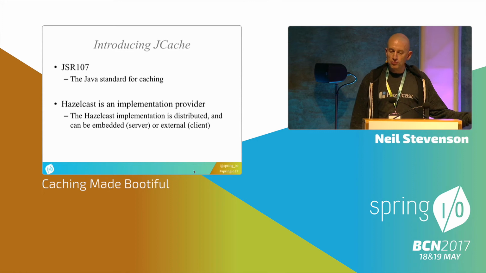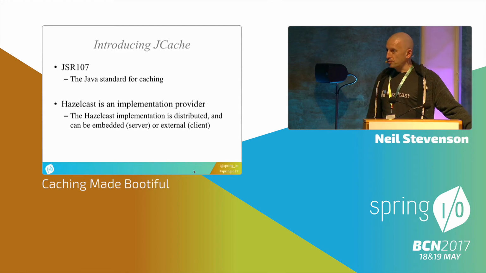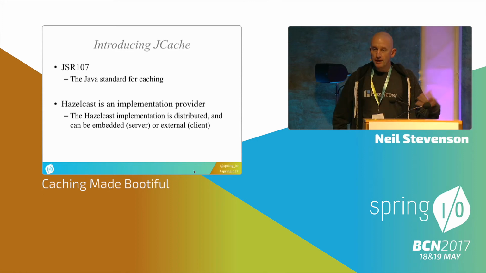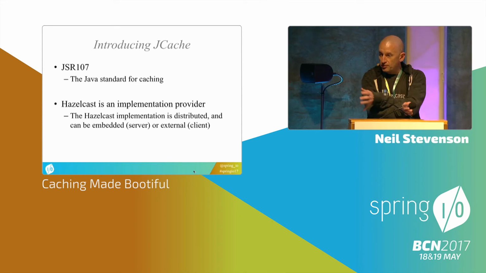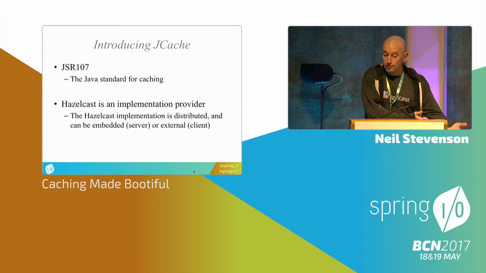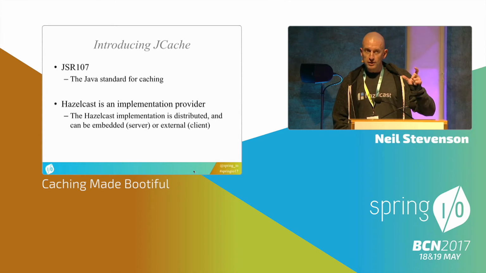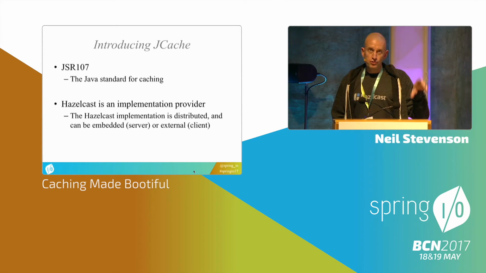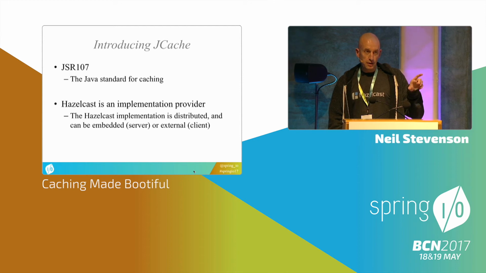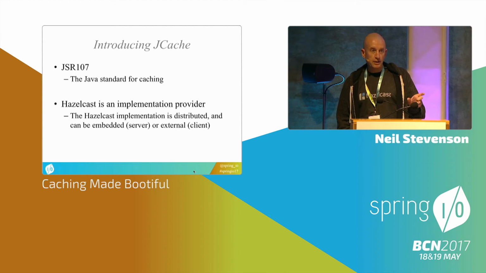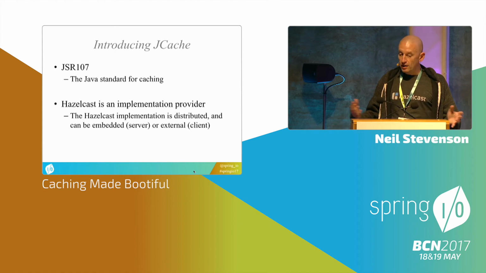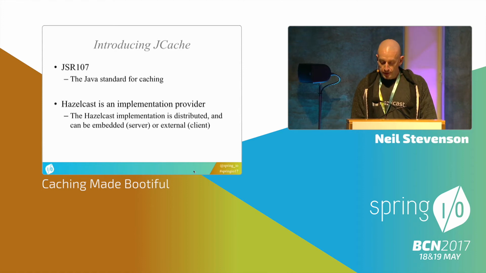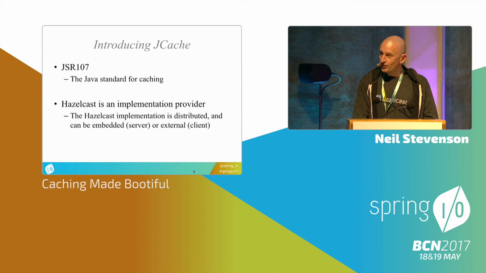Hazelcast is just an implementation. You can plug it in. Hazelcast is super fast, but if you want to swap something else in, you can do that because it's an implementation. So all you need to do is import the Java standard API, javax.cache, and add Hazelcast as a provider, or use anything as a provider, and you've got caching in a standard form using standard options.